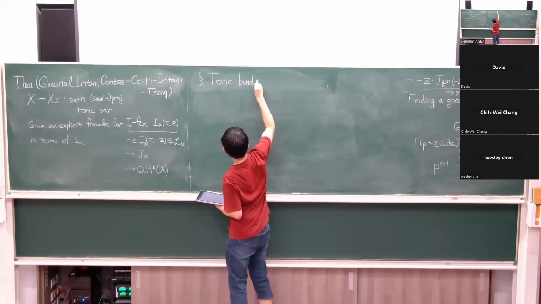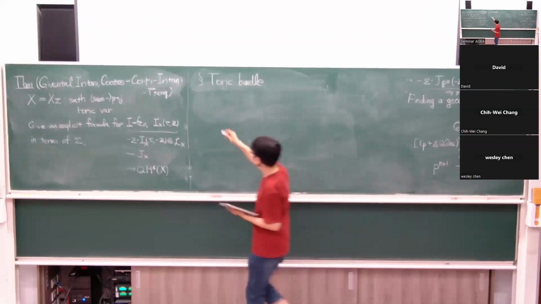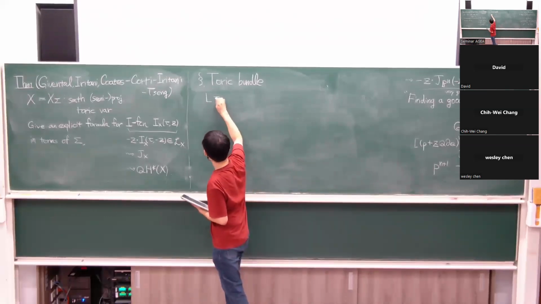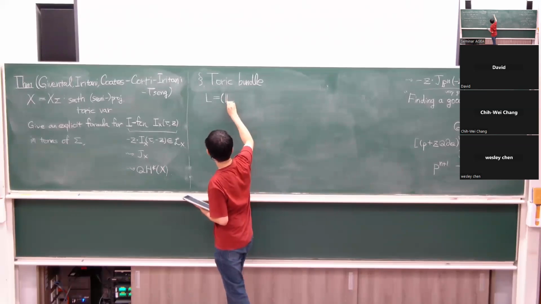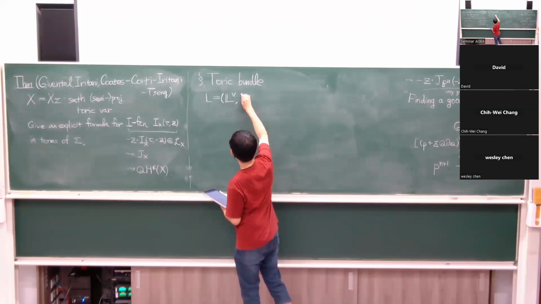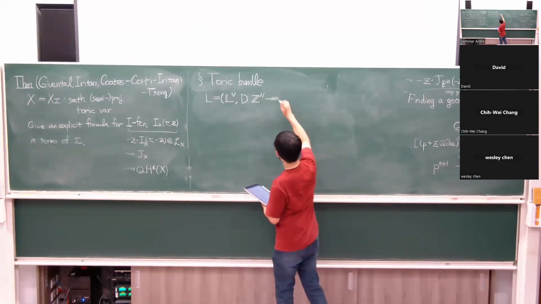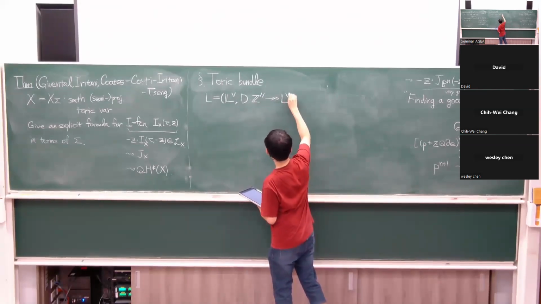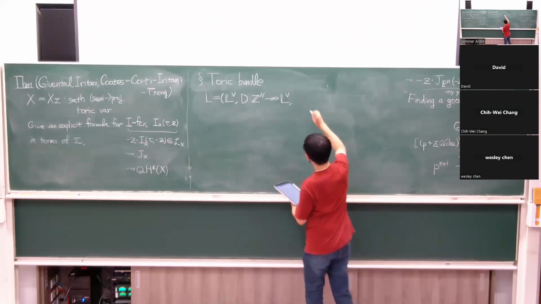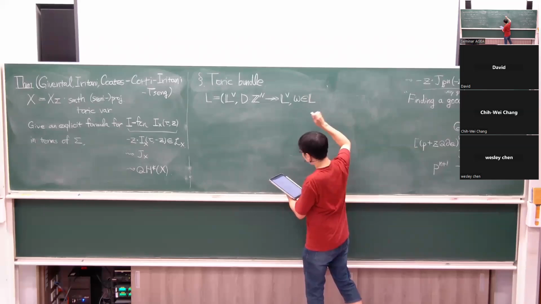Then I want to explain the construction of toric varieties. Let's consider this tuple.